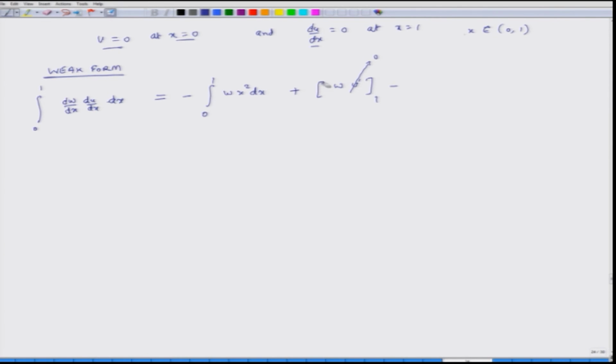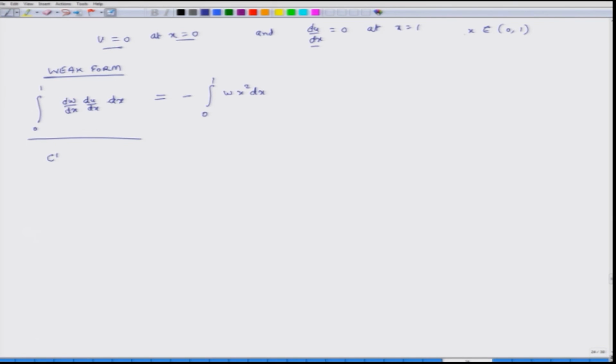So, I do not even have to worry about this second boundary condition, because I have specified it, and by specifying it I have taken it off from the equation. Okay. So, this is the equation we have to satisfy. And what do we do next?